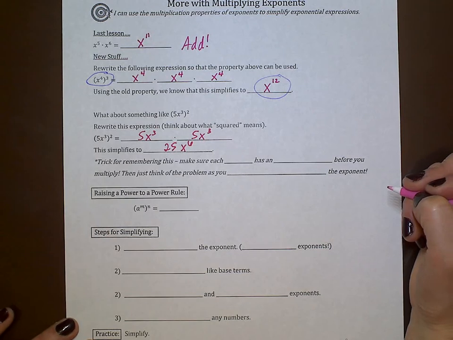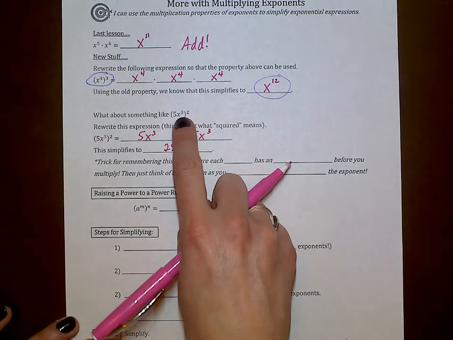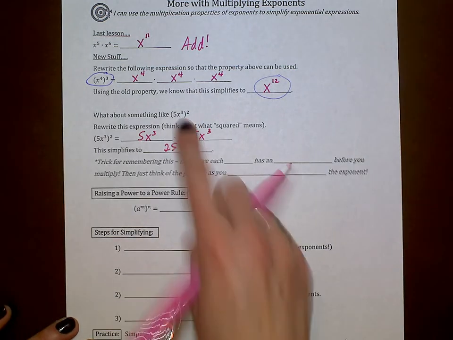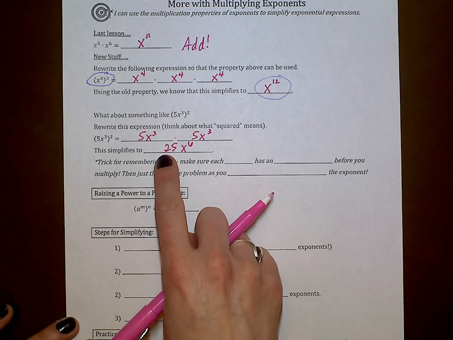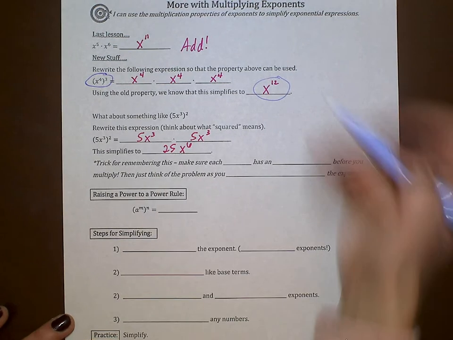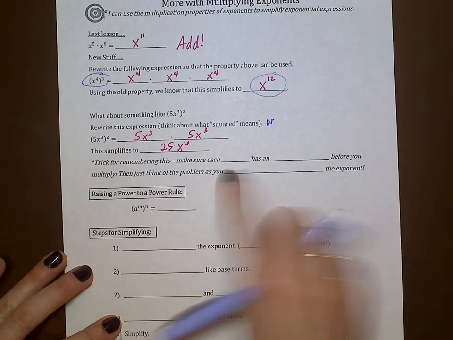Now, a common mistake is people will just say, oh, she told me to multiply the exponents, so it'd be 5x to the 6th. So people would probably get the x to the 6th part right, but you're probably thinking, well, where does 25 come from? So let me show you one other way to think of this. We'll do it off to the side, then we'll write our rule in.